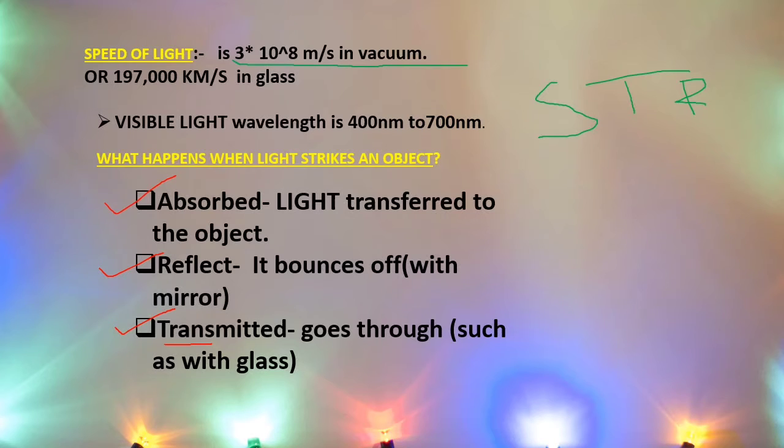Absorbed means light is transferred to the object. Reflected means it bounces off, like with a mirror. Transmitted means it goes through the object, such as with glass. Okay, so this is the case.